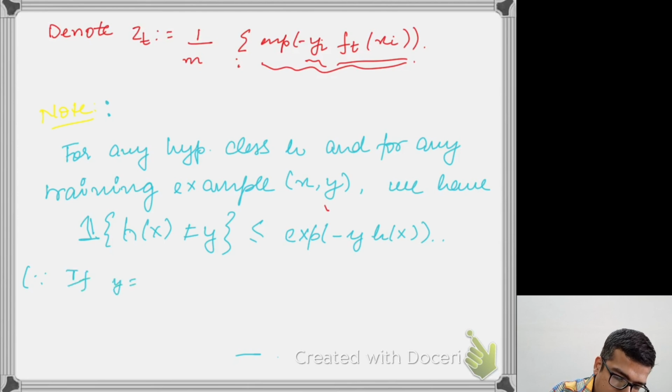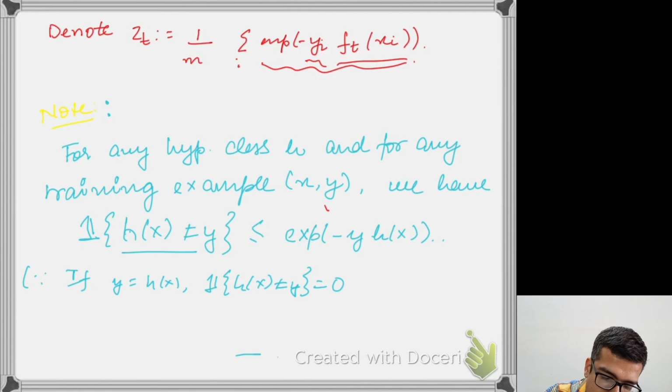if y equals h(x), then the indicator function that h(x) is not equal to y is equal to 0, and the exponential of minus y times h(x), since both of these are plus minus 1, is positive.